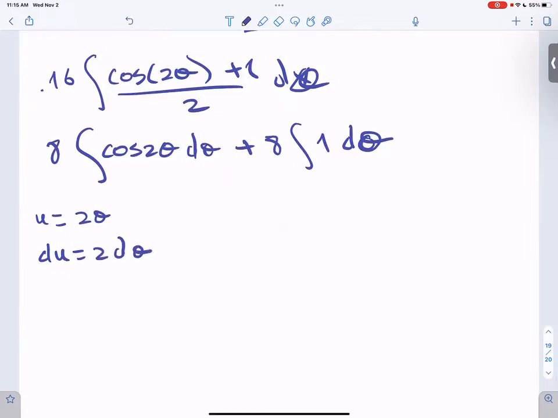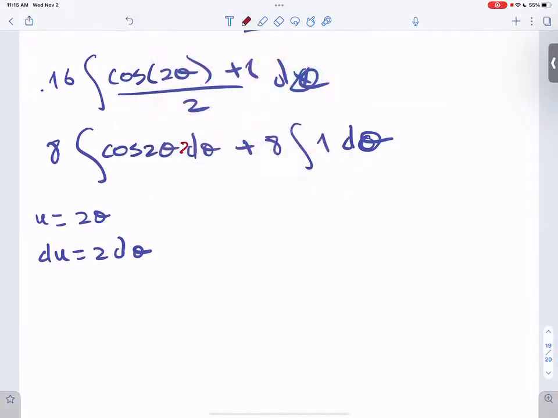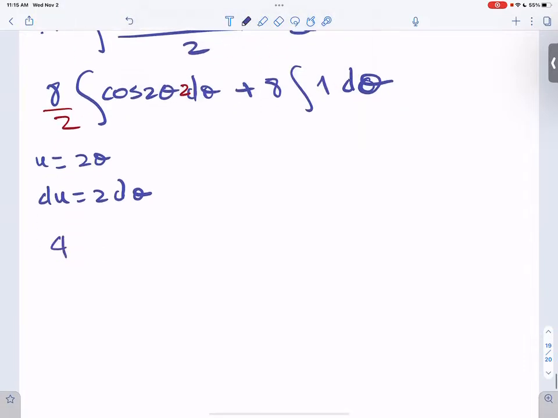I'm missing the 2 here, so I'm going to divide by 2. And then the new integral is going to be 4 times the integral of cosine of u du, plus the integral of 1 d theta, which is 8 times theta plus C.